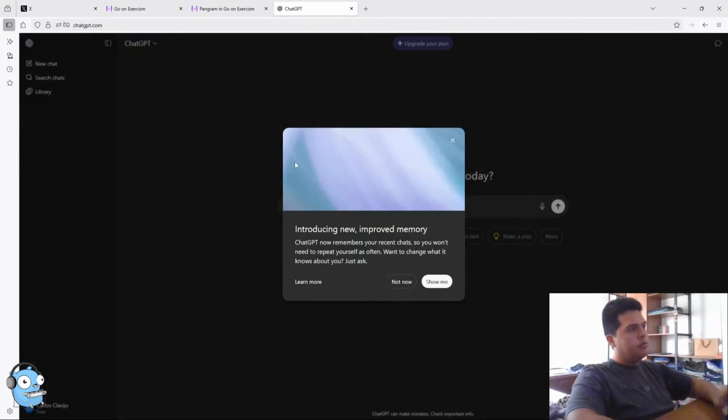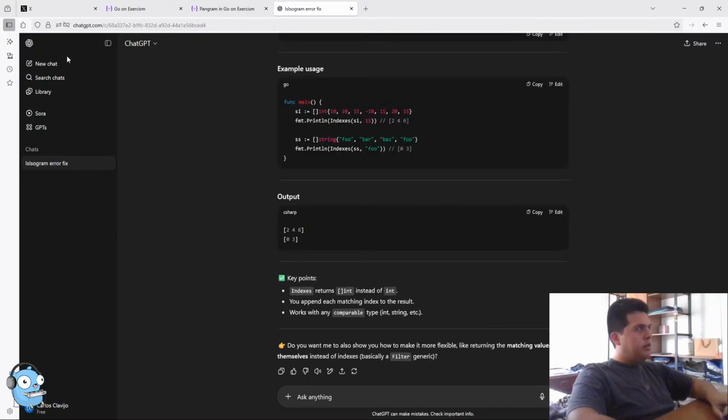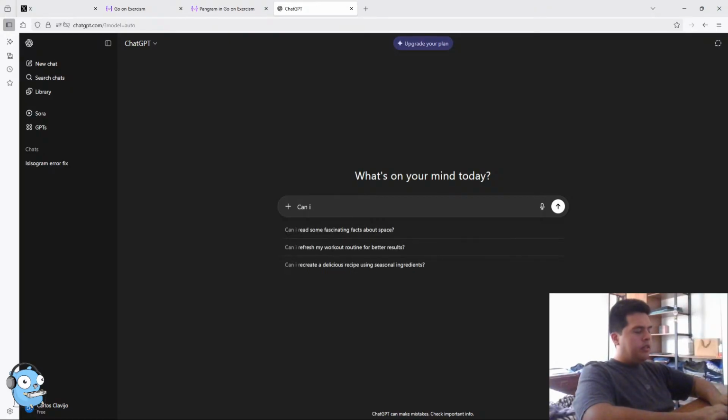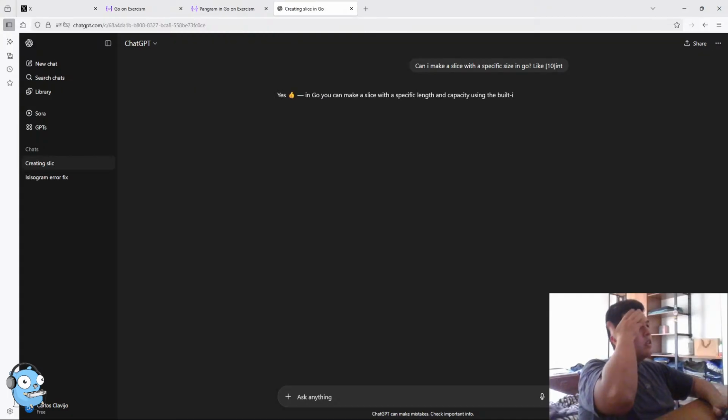I use it mostly to learn rather than for other uses. Okay, I will need a new one. Can I make a slice with a specific size, like a slice of 10 ints? Yes, in Go.